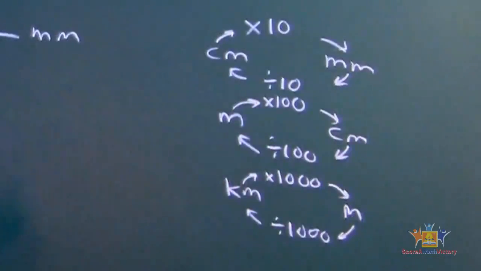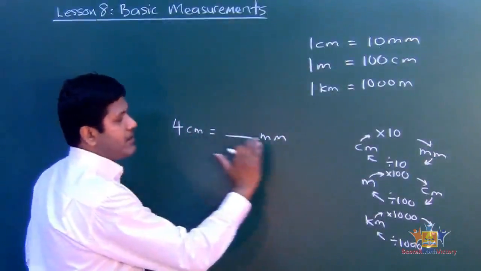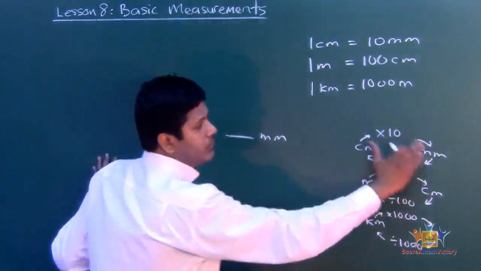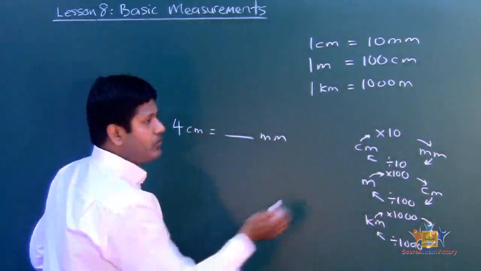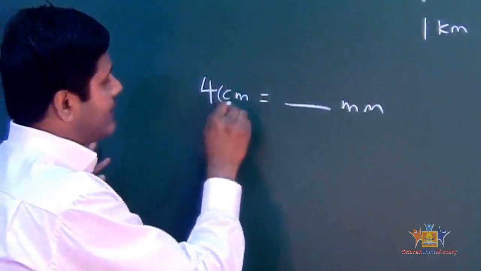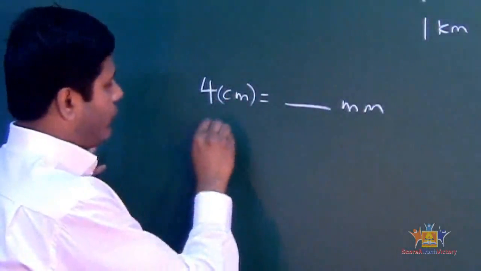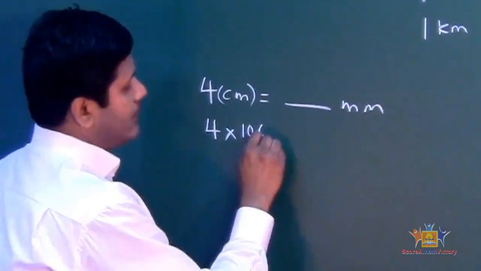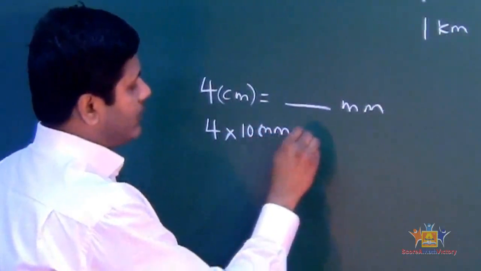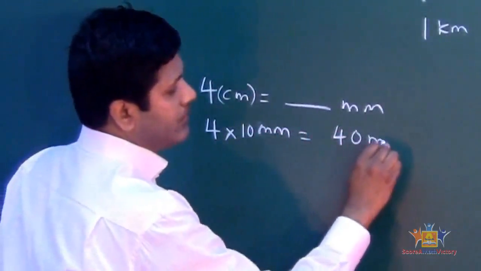How do we apply that? Let's say I want to go from centimeters to millimeters. What do I do? Multiply by 10. So I substitute centimeter with multiply by 10: 4 times 10 millimeters, which makes 40 millimeters.